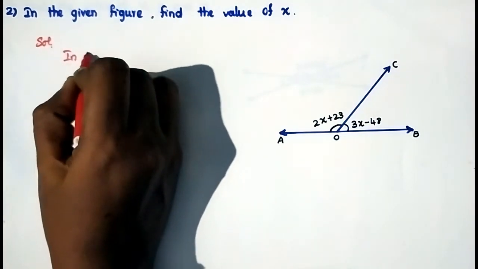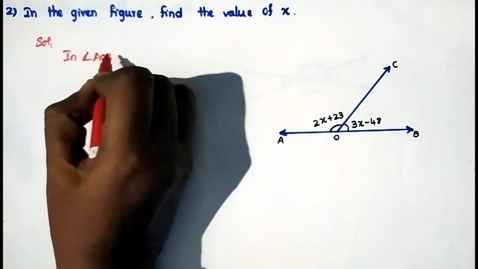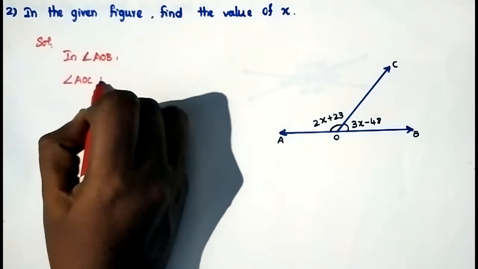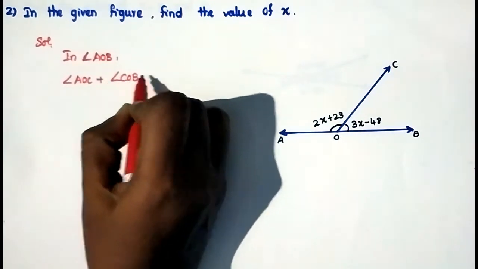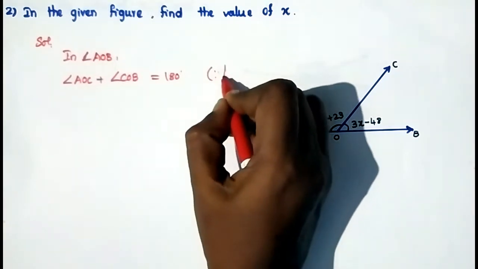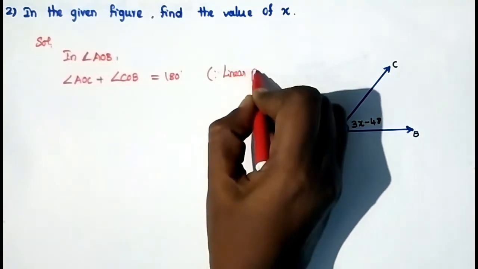In angle AOB, angle AOC plus angle COB equal to 180 degree, since linear pair.